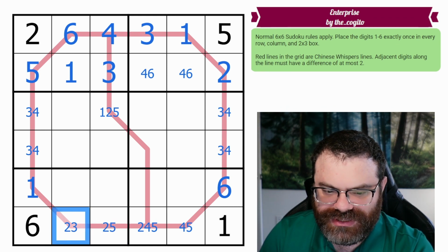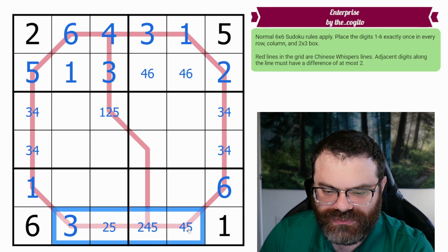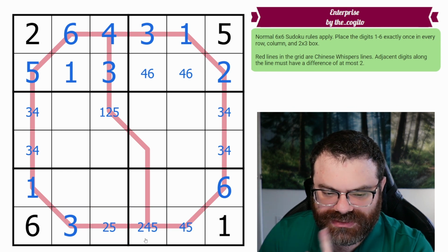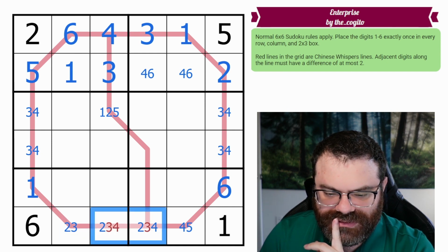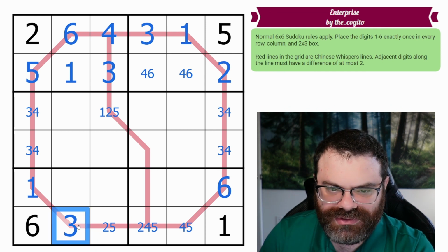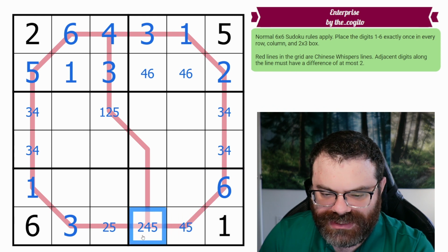So I can't put a 2 here. This has to be a 3. Now if I went back down to 2, I could do 4 and then 5. That works. Actually, was this the only place for 3 in the row, or did I miss 3 when I penciled? Hold on, let me just double check I just didn't miss 3 when I penciled. Oh, I didn't. Right. Okay, this was the only place for 3 in the row also. Interesting. I didn't notice that when I penciled it.